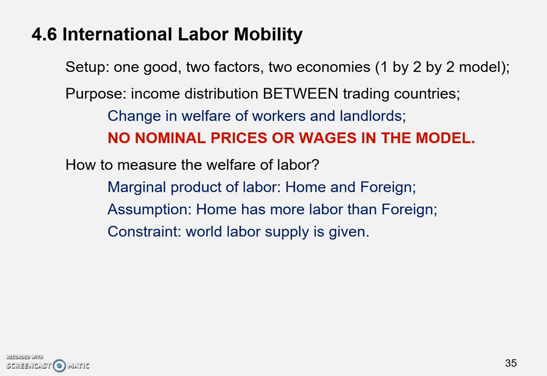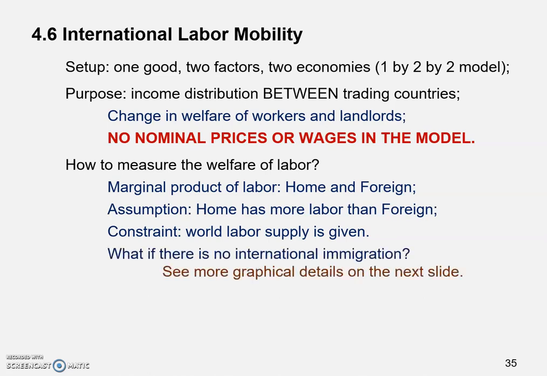And we have a labor constraint here. So the global labor supply is given, right? And we're going to consider two situations. Basically, it's a comparison of a situation before and after. Okay, before here means what if there's no international immigration?